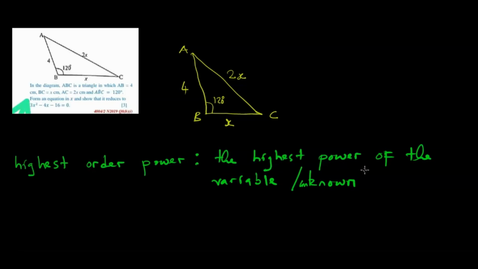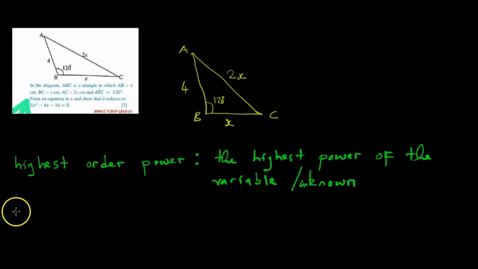So that is what we mean when we say highest order power. We look at an algebraic expression, then look at the unknown and see which power it has. The highest power of the unknown gives us the form of that equation.